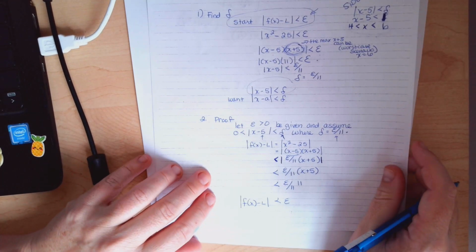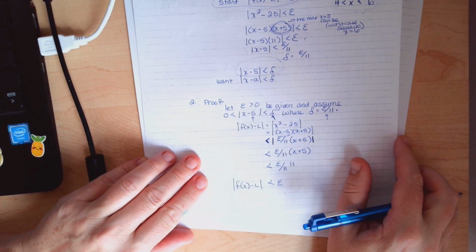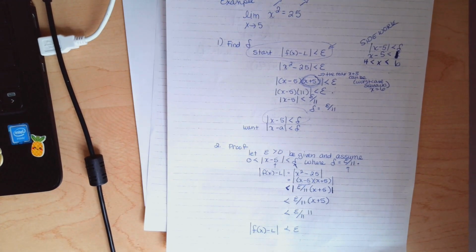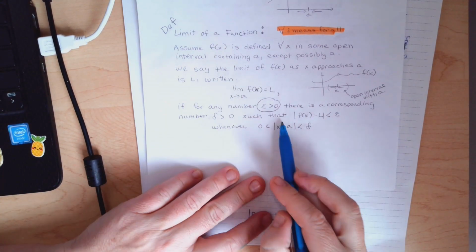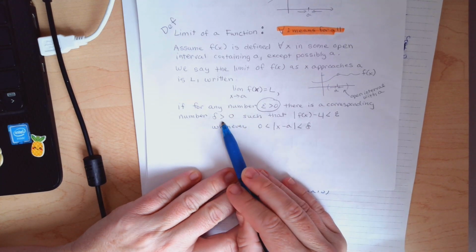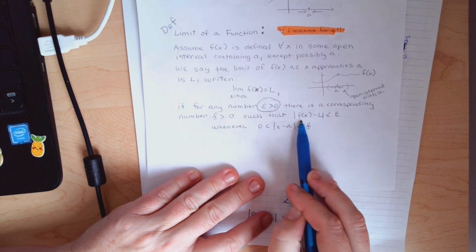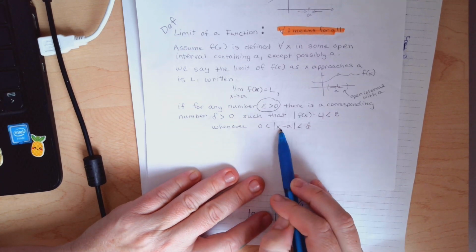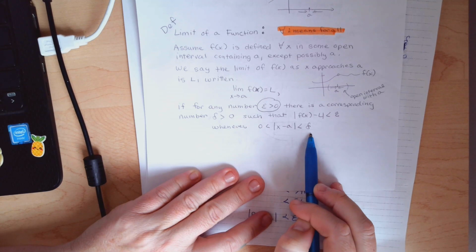Okay, so one more time, what did we do here? First we found our delta. If we look at our definition, for any number epsilon greater than 0, there's a corresponding number delta greater than 0 such that f of x minus L is less than epsilon whenever x is within delta of a.